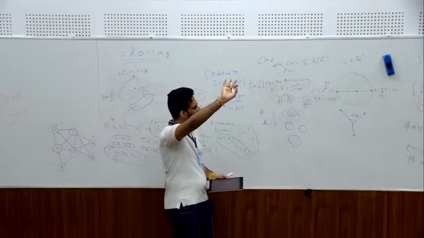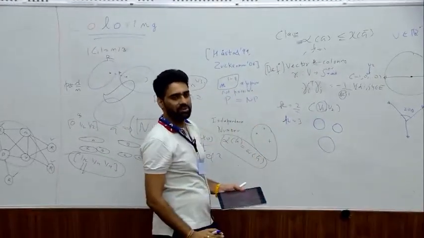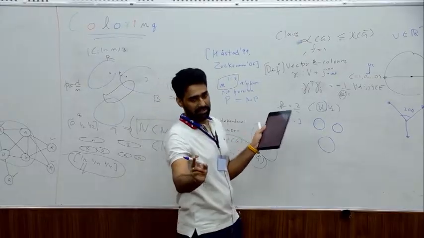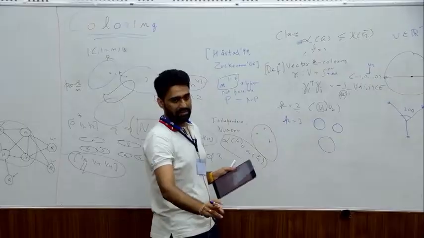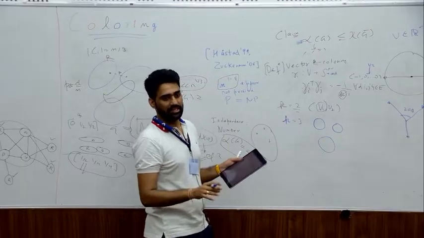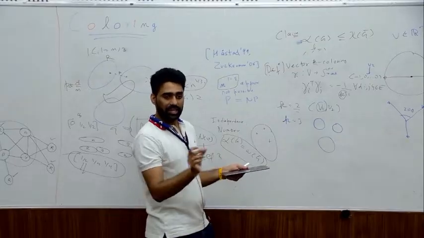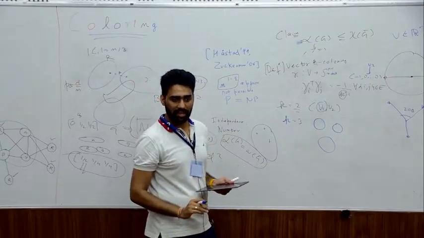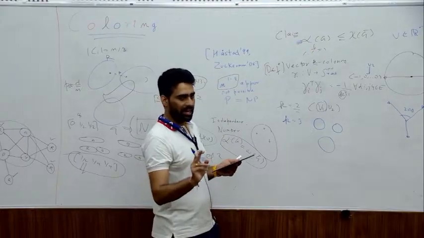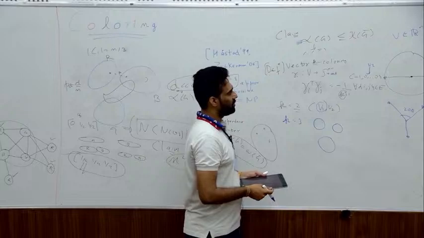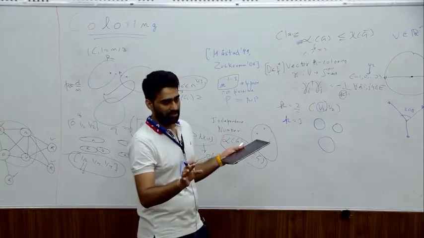The reason is that otherwise you are putting a rank constraint on the PSD matrix, which is not a convex constraint. If I have two matrices X and Y whose rank is at most n by 2, then X plus Y doesn't necessarily have rank at most n by 2. Adding a rank constraint is not a convex constraint, but we want a convex program because we can efficiently solve those.